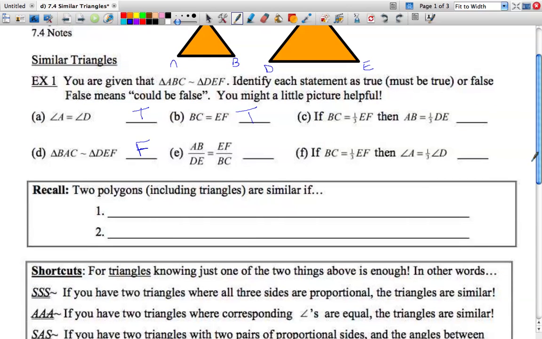Review. Two polygons are similar if corresponding angles are congruent and corresponding sides are proportional, which means there's a ratio that you could set up for equivalence.